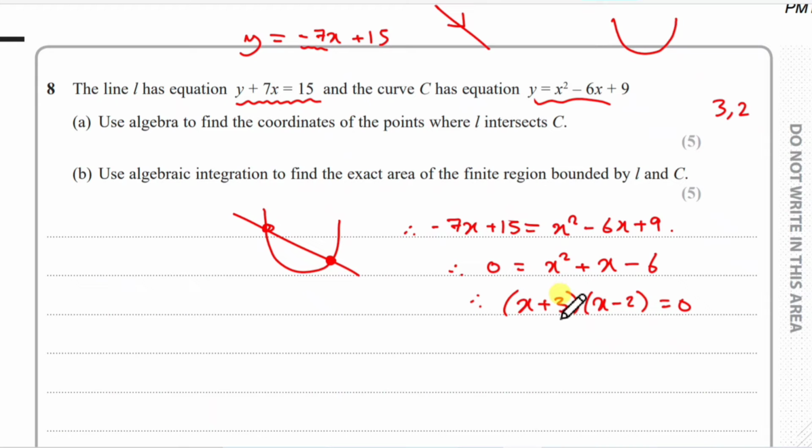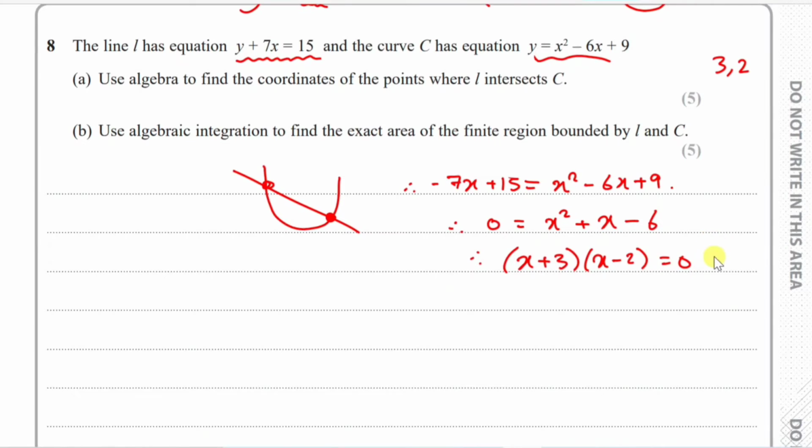So that'd be like plus 3x, minus 2x gives you a 1x, and 3 times minus 2 gives you minus 6. And therefore, right here, the solutions are always the inverse of these brackets. So if it's x plus 3, the solution x would be minus 3. And the other one, x minus 2 bracket, will become a solution of positive 2. So yeah, that's sorted. But they're saying they want to find the coordinates.